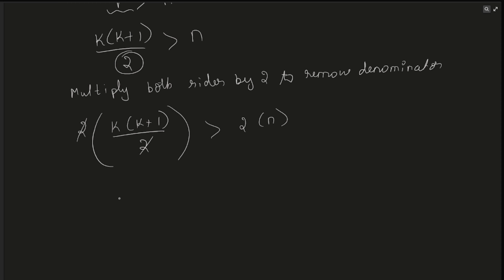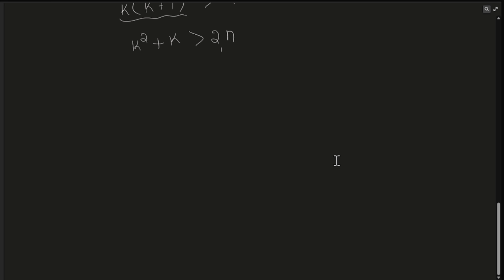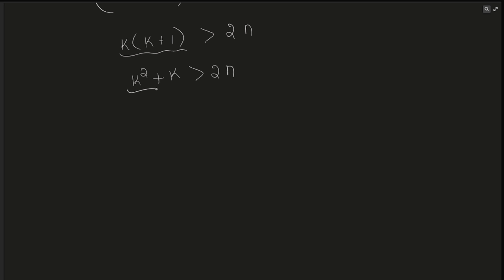This 2 gets cancelled. We'll end up with k into k plus 1 is greater than 2n. Now we can do the multiplication here. k square plus k is greater than 2n. Finally, we have this equation.